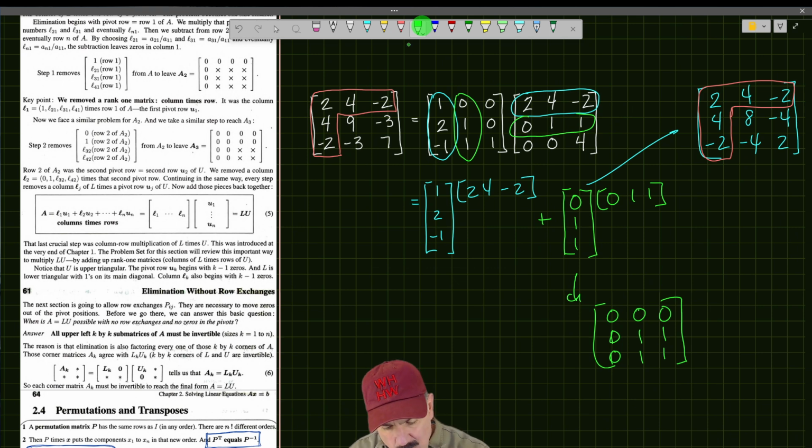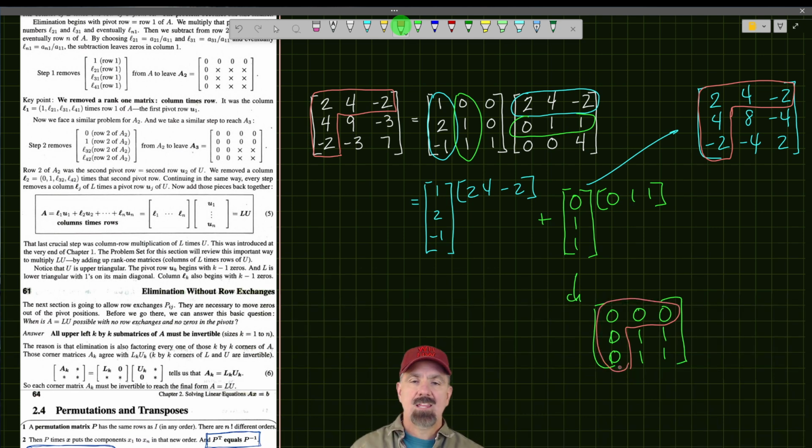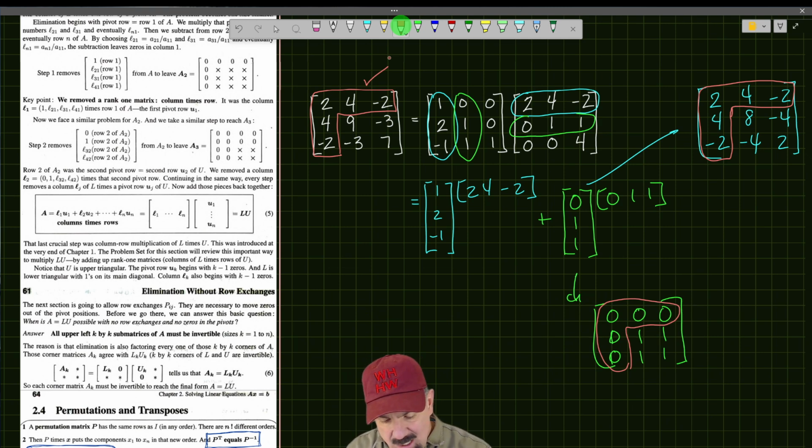Notice that we have no information in the top left portion. Because of the way the LU is constructed, we are not going to contribute any non-zero information. That's already set up as we saw here. So the next piece of information that we have, and let me change to the cyan, is this piece.